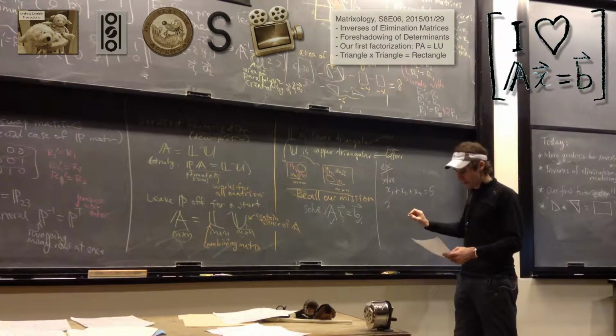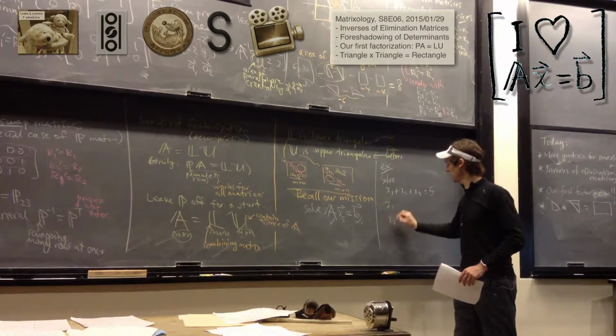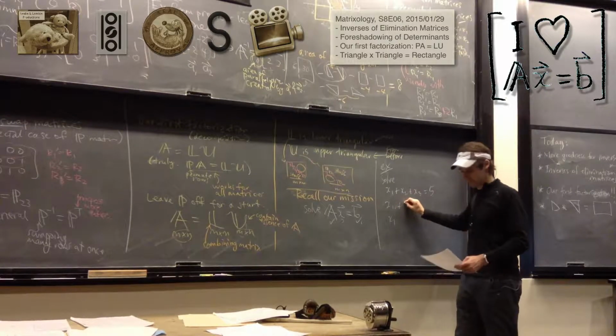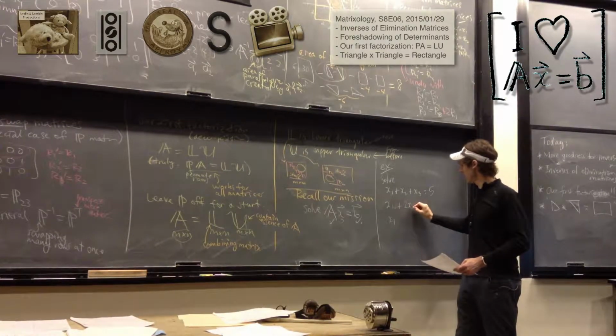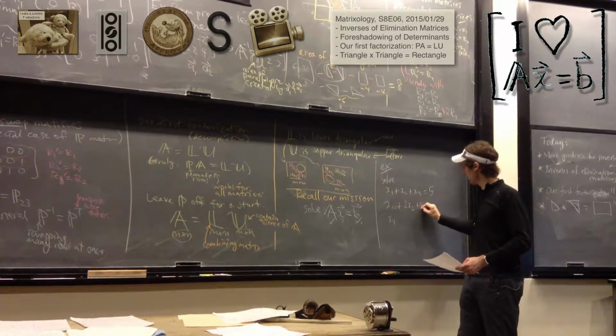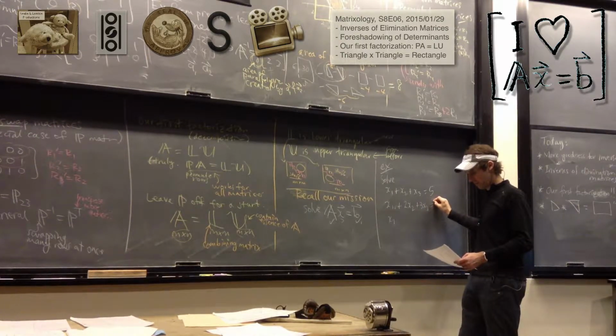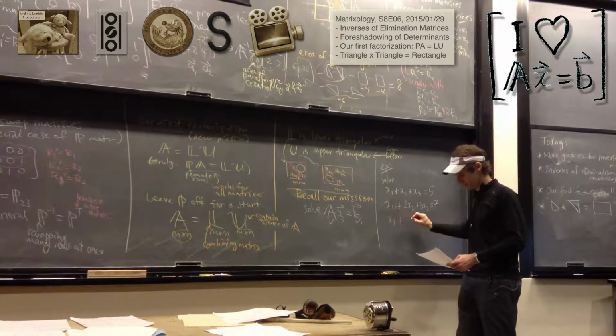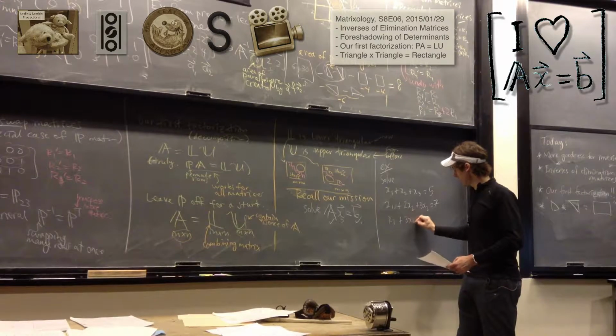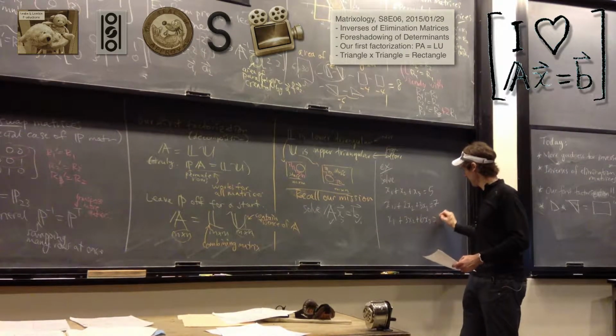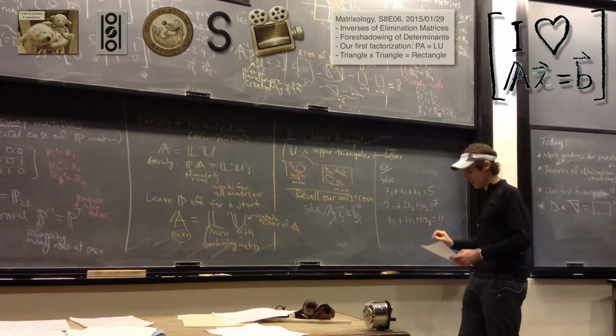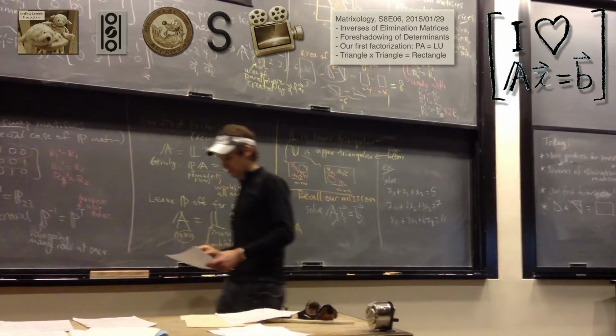So we'll start with the barest version of it, written in terms of equations. 2x2 plus 3x3, plus, equals 11.